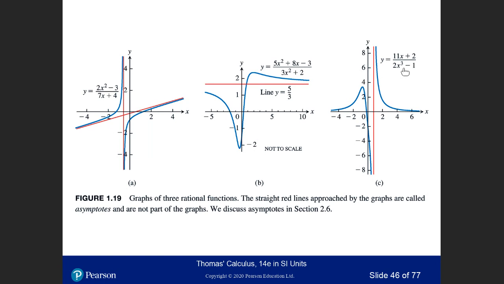That's another rational function. You have a problem in the denominator when x is equal to 1, or when x is equal to the cube root of 1. Then you have 0 here. So again, you have a problem.